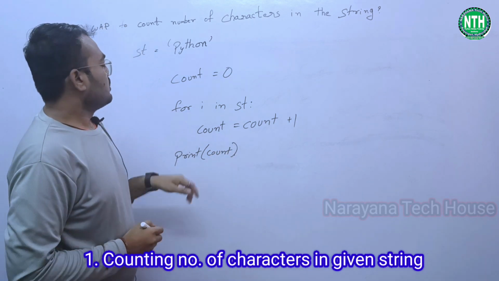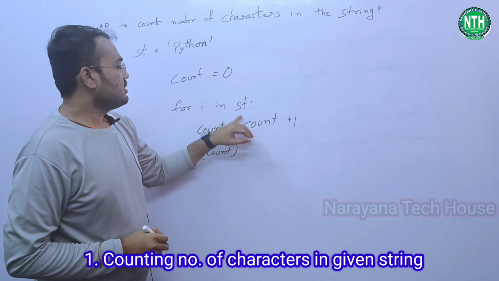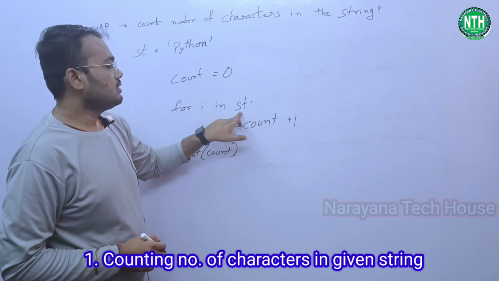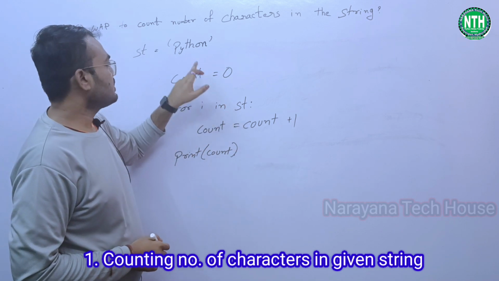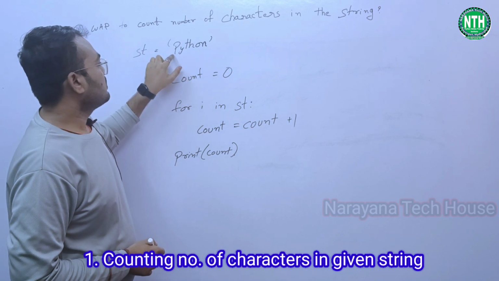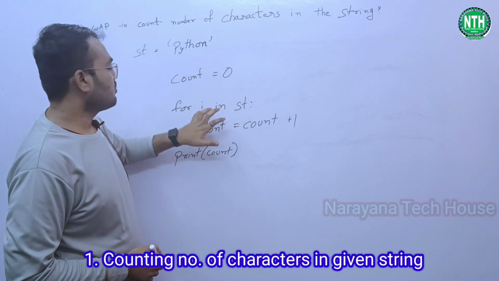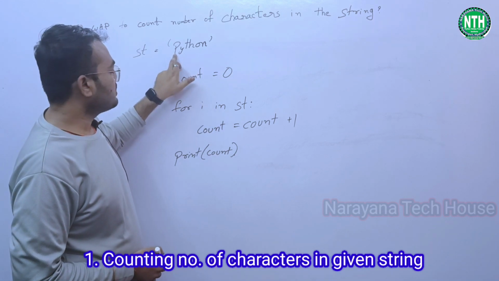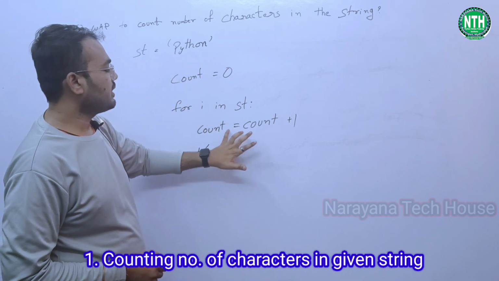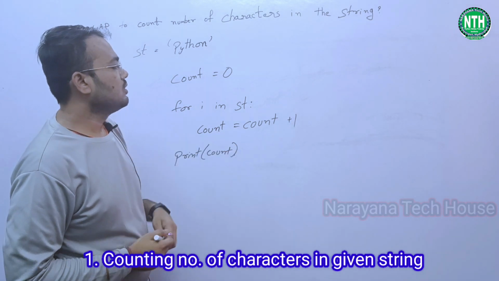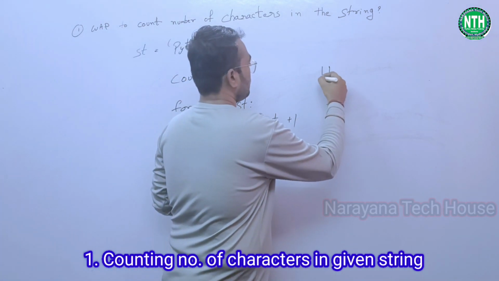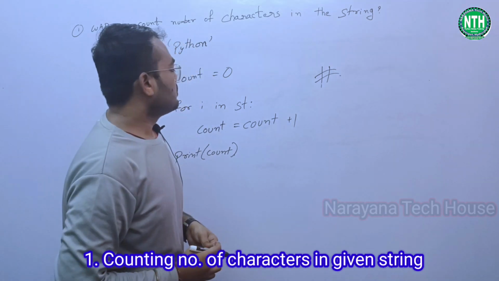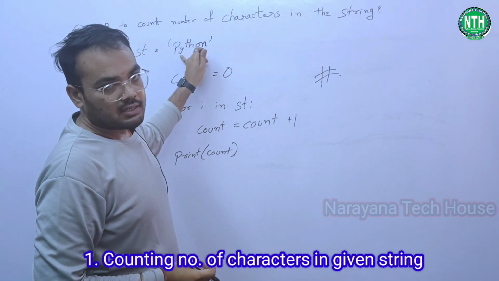Here, for i in st means the i value is assigned from st. The value of st is Python, and from it, the first i is P. In this, it is counting: count equal to count plus 1, which is how we are debugging, if you understand the purpose well.